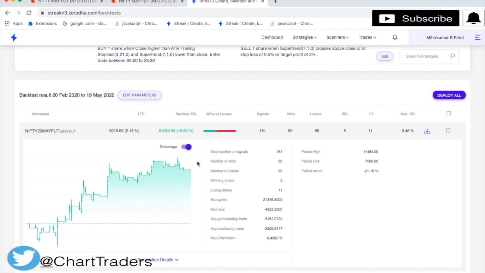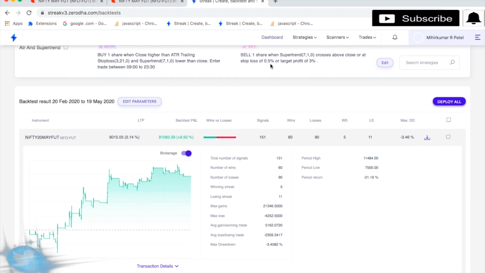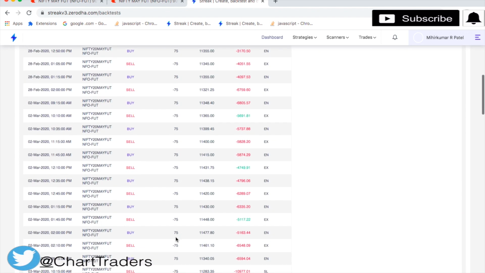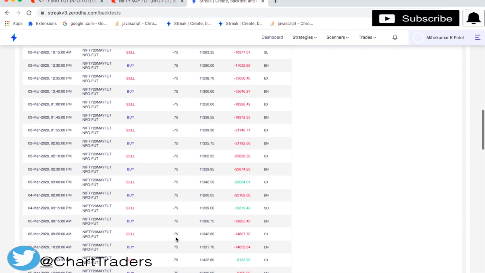The reason is simple, there are so many trading signals generated, around 151, and we won only 60. Maximum gain is 21,000, maximum loss is capped at minus 4,000 because of 0.5 percent. Then you can see transaction details also. So many trades happen.